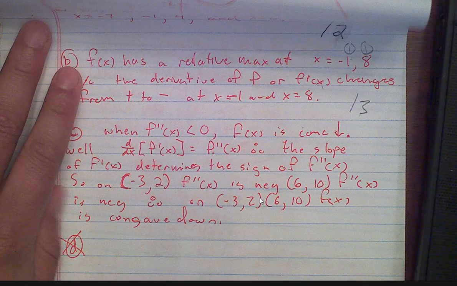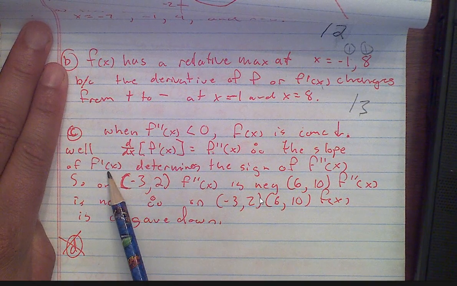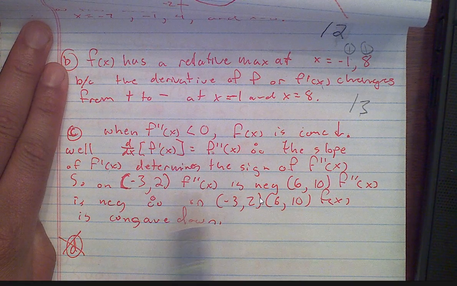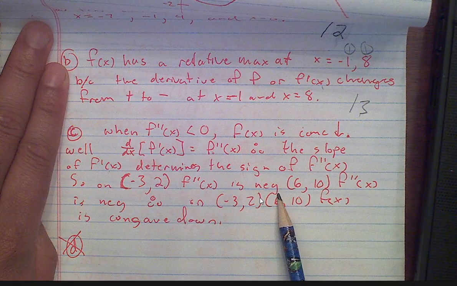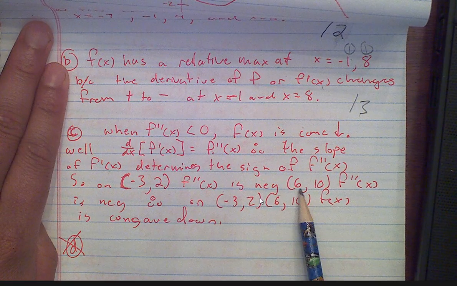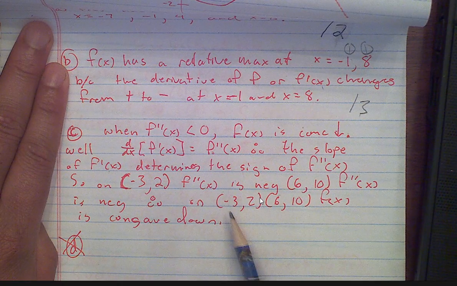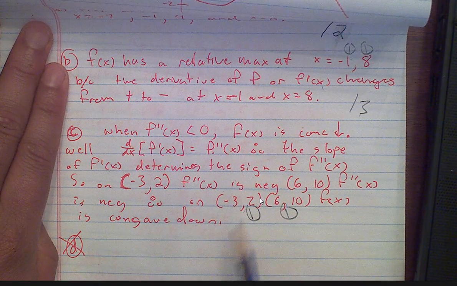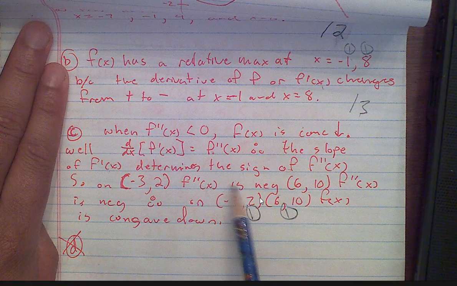The slope of the derivative f prime of x determines the sign of f double prime of x. So on -3 to 2, f double prime of x is negative. On 6 to 10, f double prime of x is negative. Therefore, on those intervals, f of x is concave down. You get a point for each interval, and you get a point for stating that the double derivative is negative.